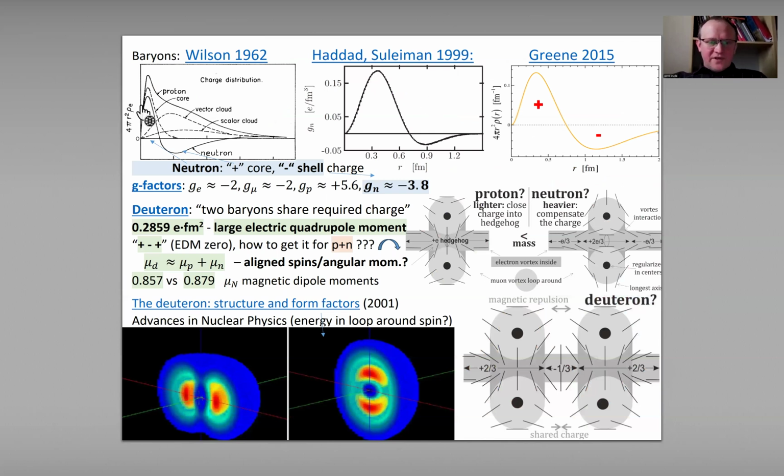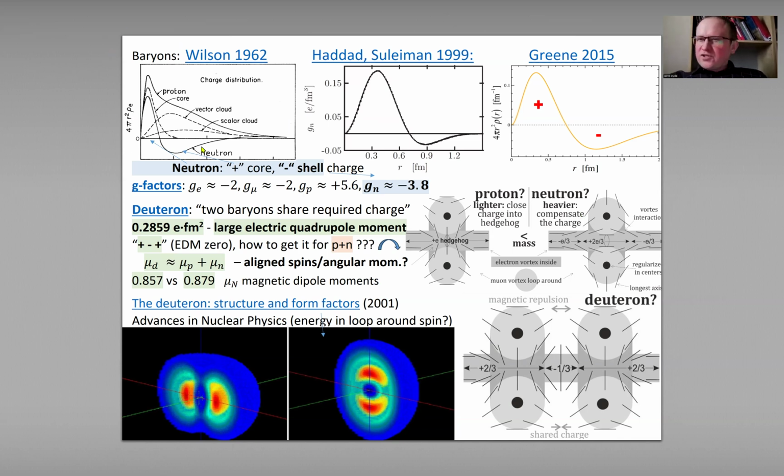So let's think more about this argument that proton and neutron would be this simple knot. The vortex around enforces some charge inside. The proton can just enclose this vortex. The neutron has to compensate it.